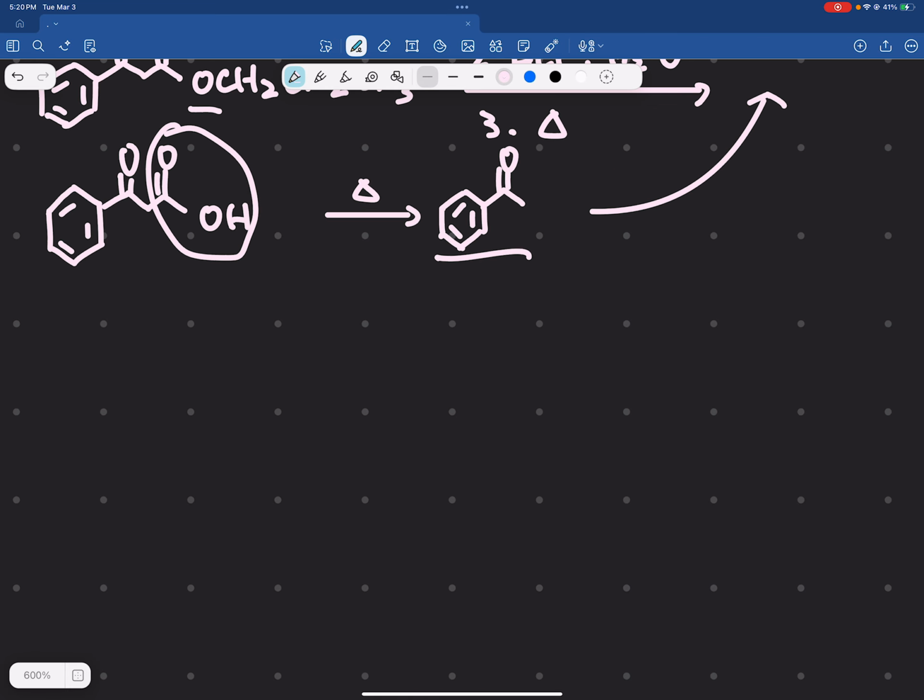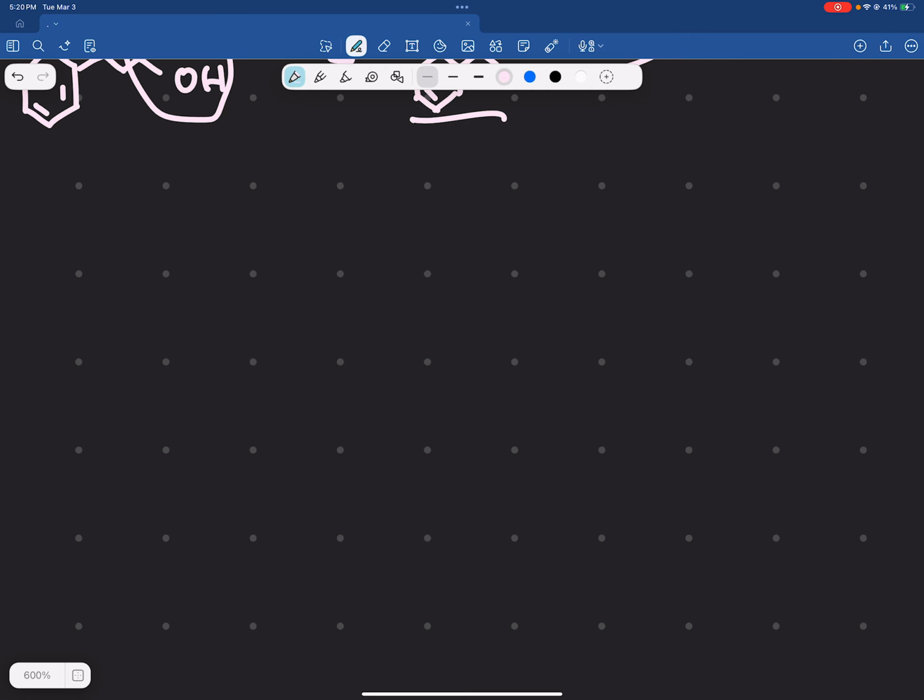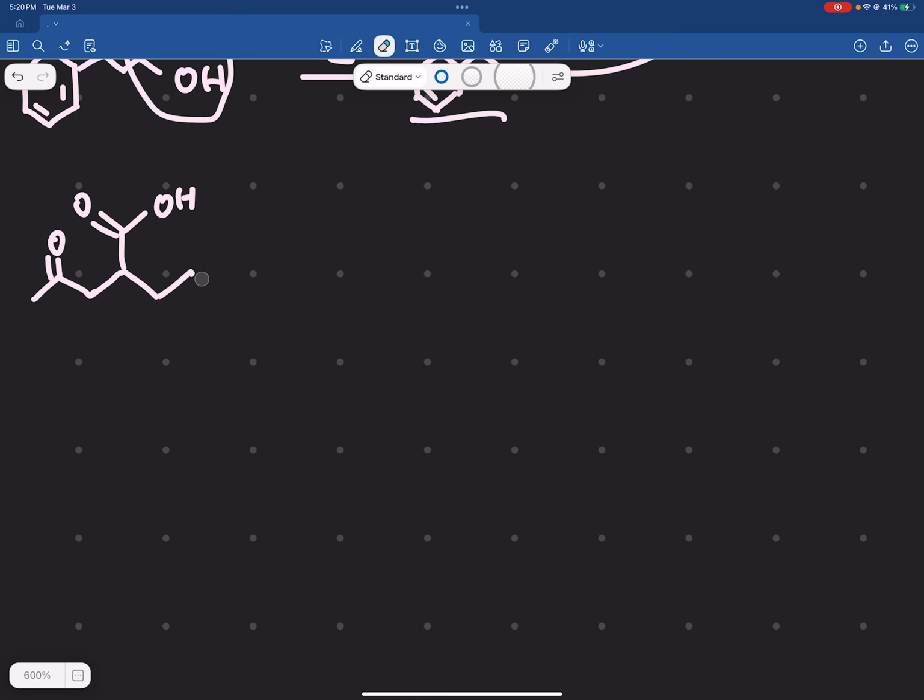So let's go through decarboxylation a bit more. If we had multiple carboxylic acid groups, and we were to decarboxylate using heat, what would be the end product from this reaction?